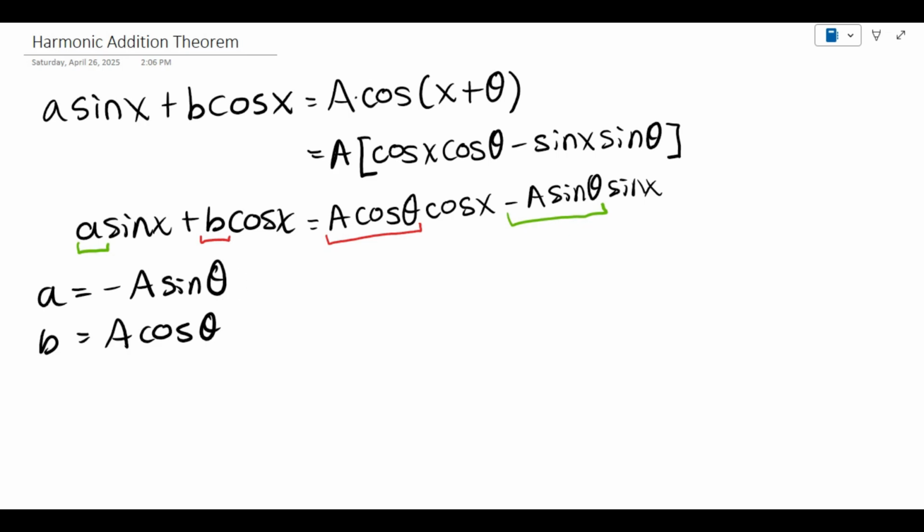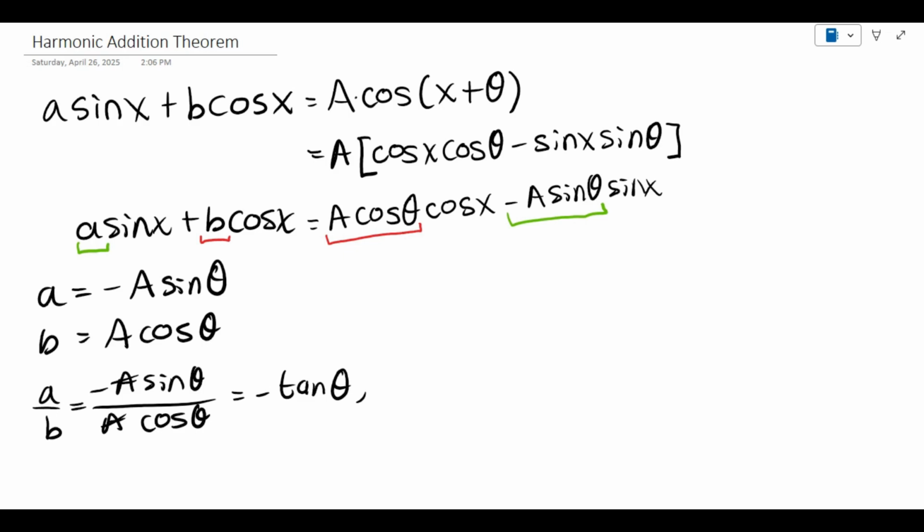We're going to isolate the theta first, so we divide a and b. a over b will be equal to negative capital A times sine of theta over capital A cosine theta. This now will cancel, and we'll have a negative tangent theta.